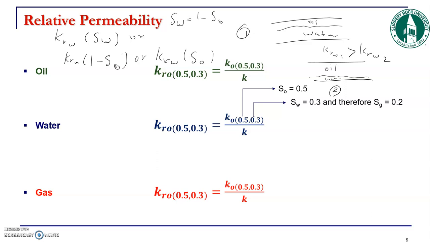In the three-phase system, however, you have 3 different saturations, out of which 2 are independent. For example, here we are reporting the relative permeabilities as a function of oil saturation, which is 0.5, and water saturation. You just need to mention two of these saturations because the other one is just 1 minus 0.5 minus 0.3.